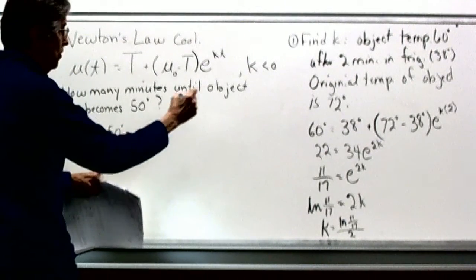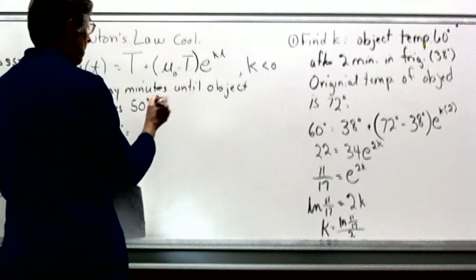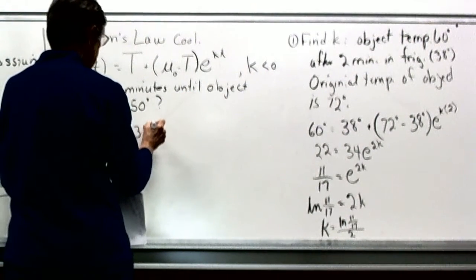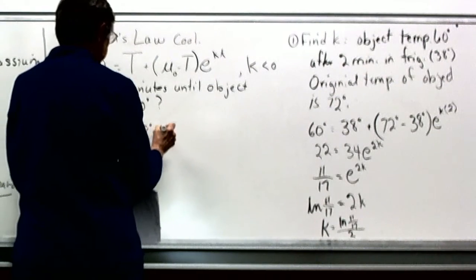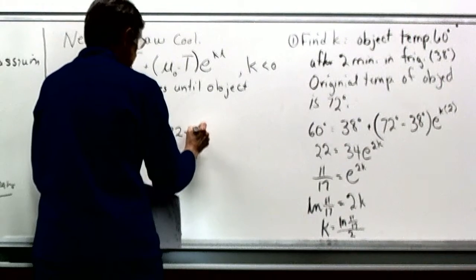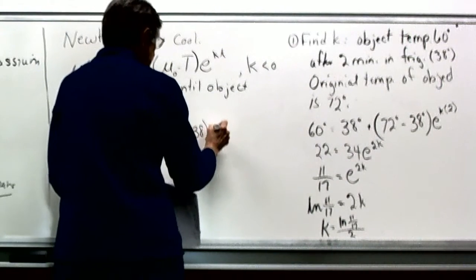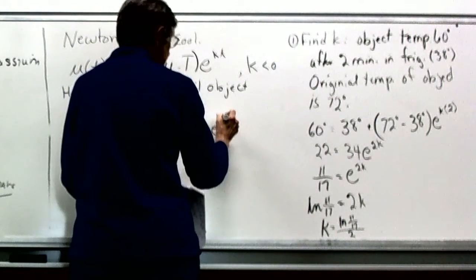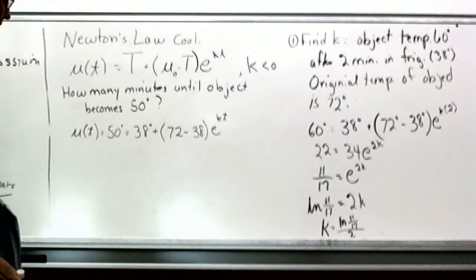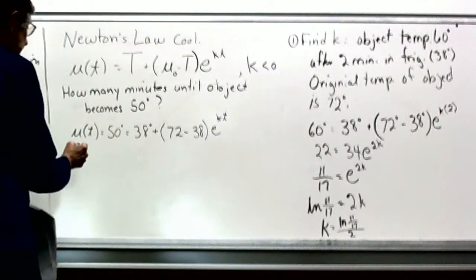And then we can use the information we had over there. The original, the refrigerator was 38 degrees. The original temperature 72. Again, the 38. And e to the k t. k is that constant that we found in step 1.